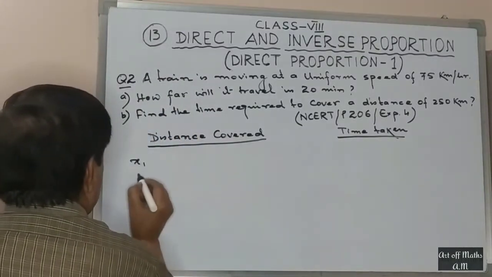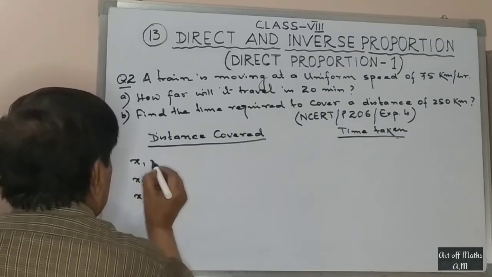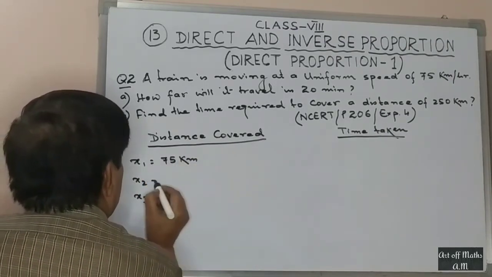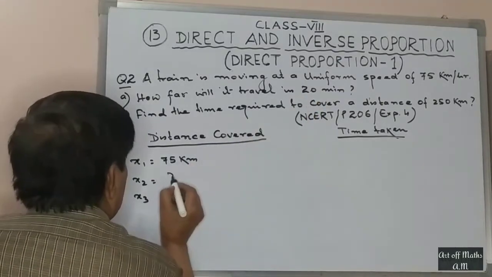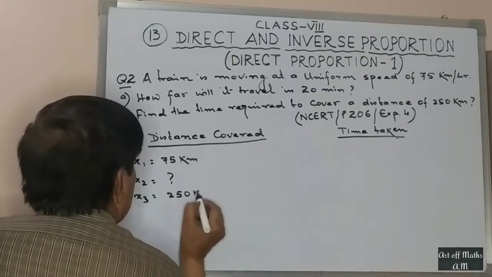Here x1, x2, x3: x1 is 75 km, x2 is unknown, x3 is 250 km.